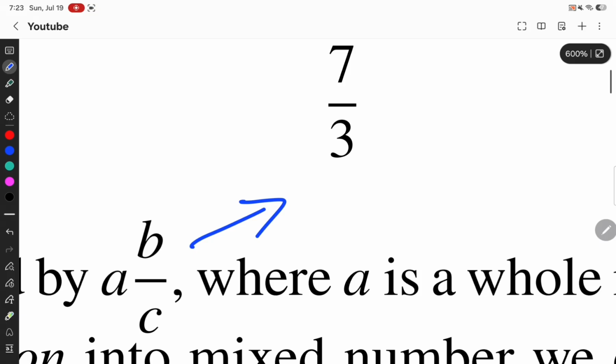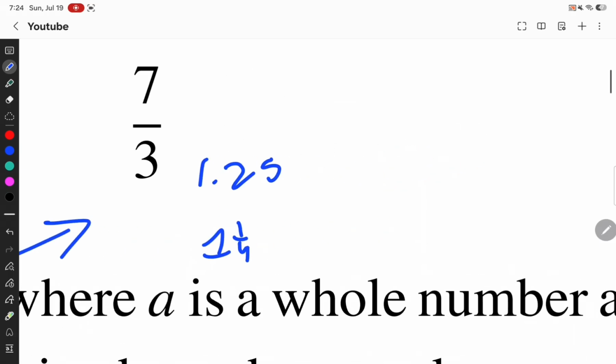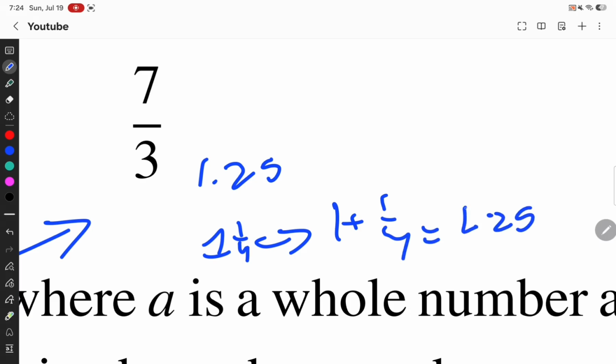You can think of it as like a decimal, like we have 1.25. This can be represented as 1 and 1 over 4. This 1 over 4 fraction is the decimal component, the fractional component. Okay, this literally means 1 plus 1 over 4, which is 1.25 in the calculator.